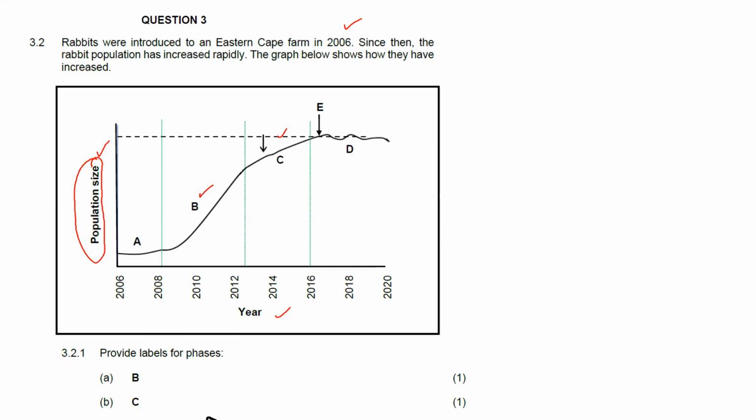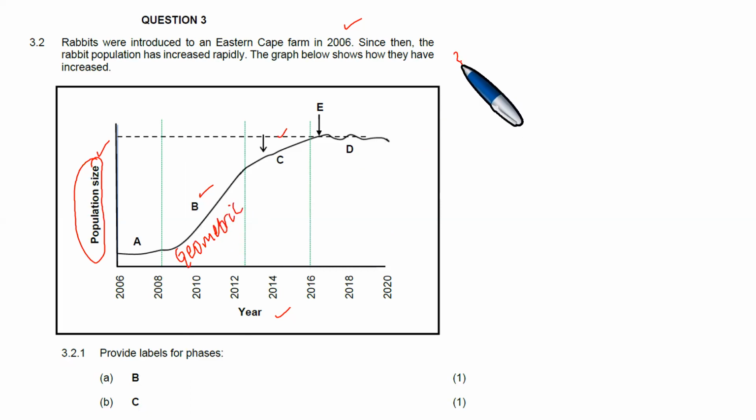In part B, we can see there is a geometric.